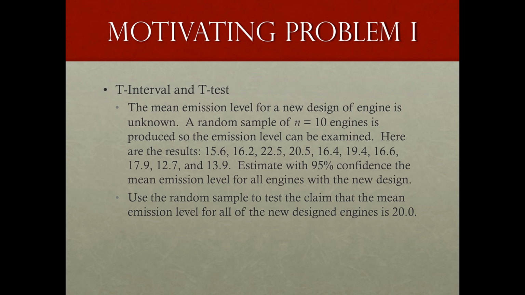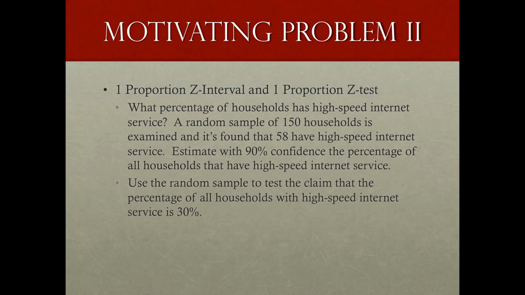That's the t-interval part. The second bullet, use the random sample to test the claim that the mean emission level for all new designed engines is 20.0. Guys, we're going to work both of those problems in the next two videos.